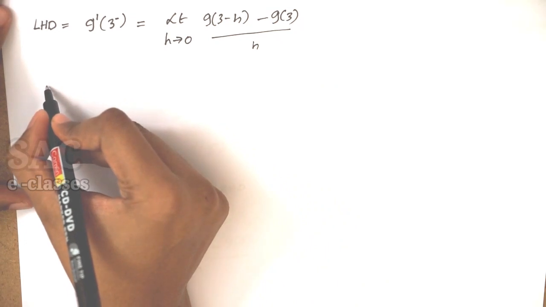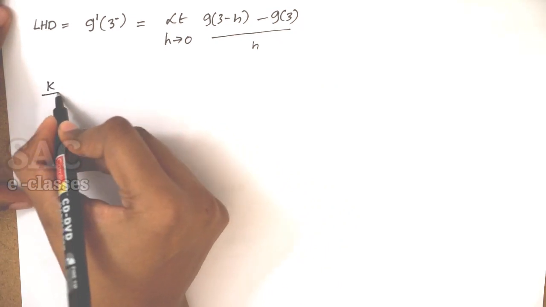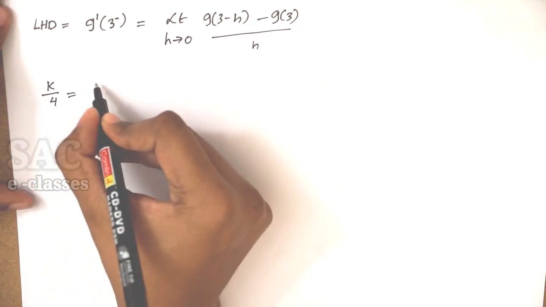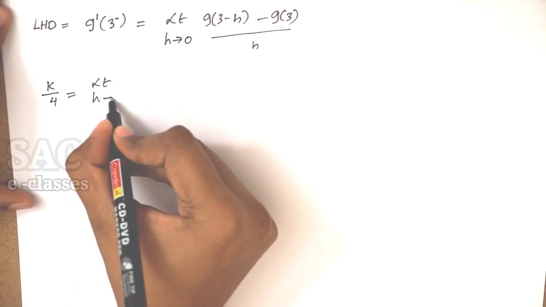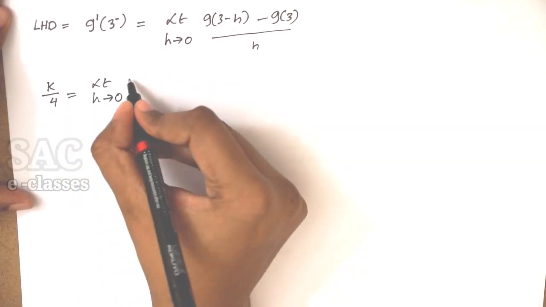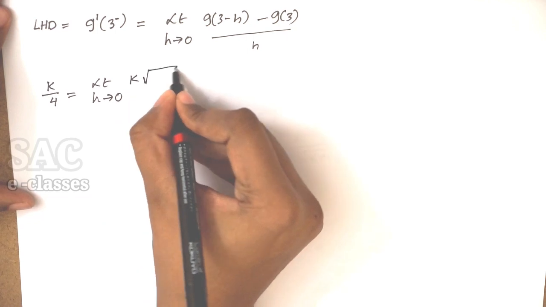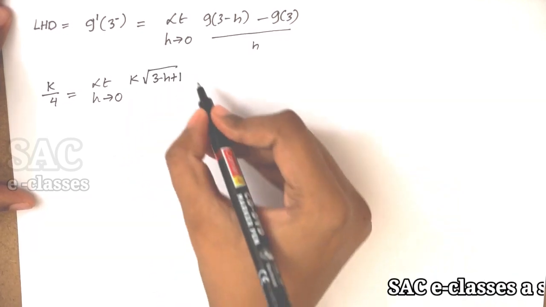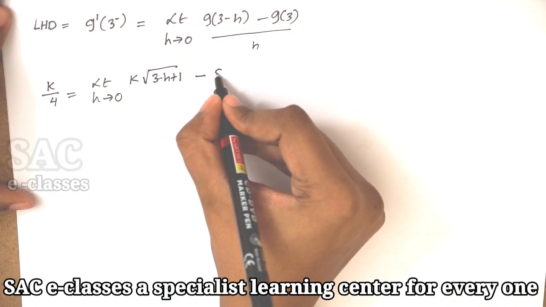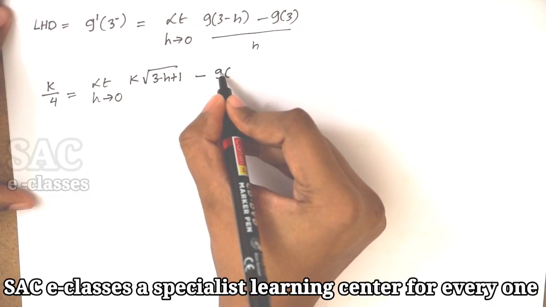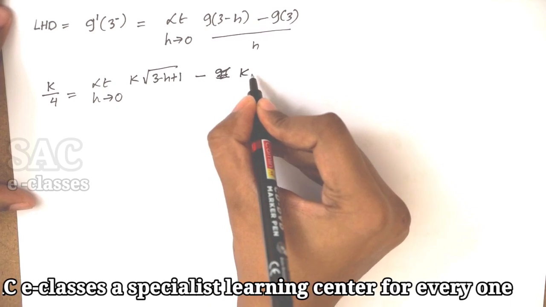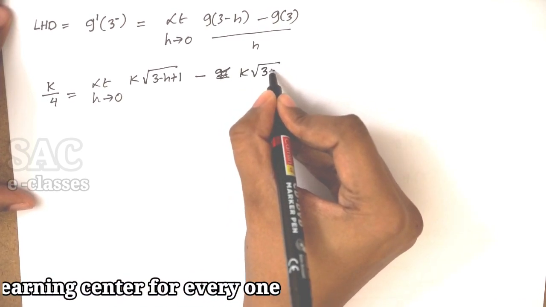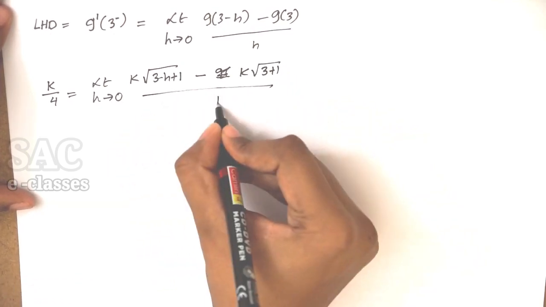So k by 4 equals limit h tends to 0 of k into root over 3 minus h plus 1 minus g of 3, which we can write as k into root over 3 plus 1, by h.